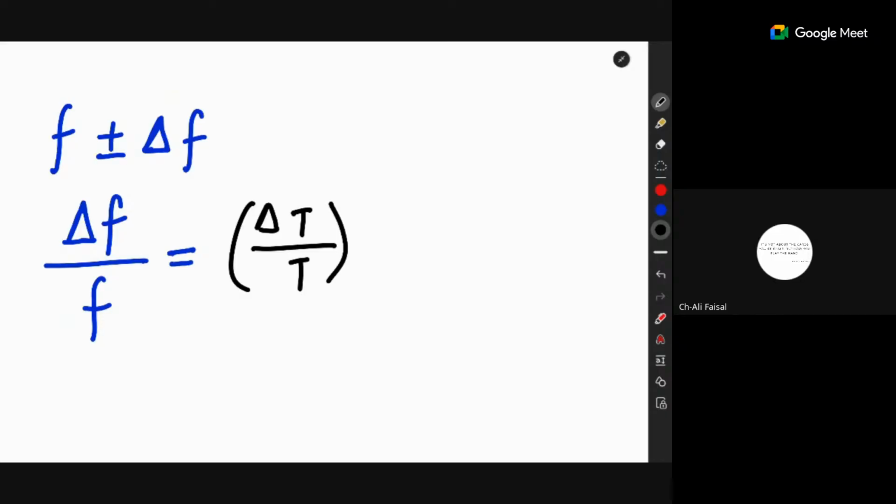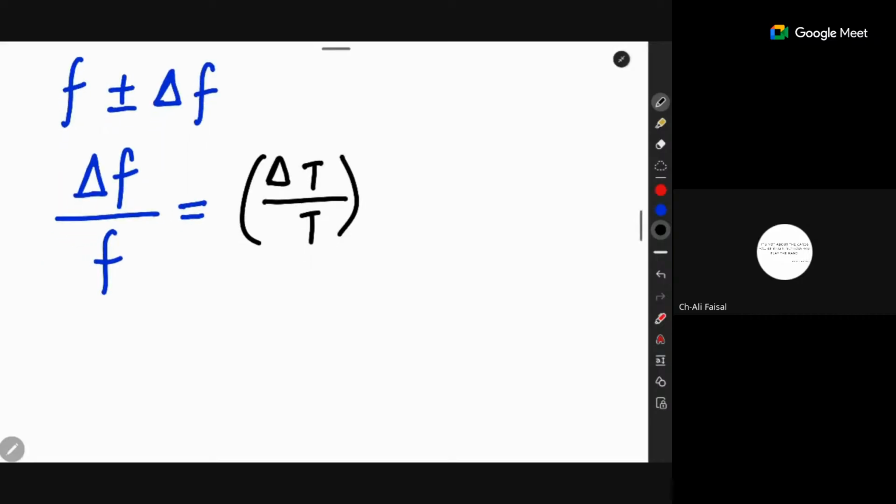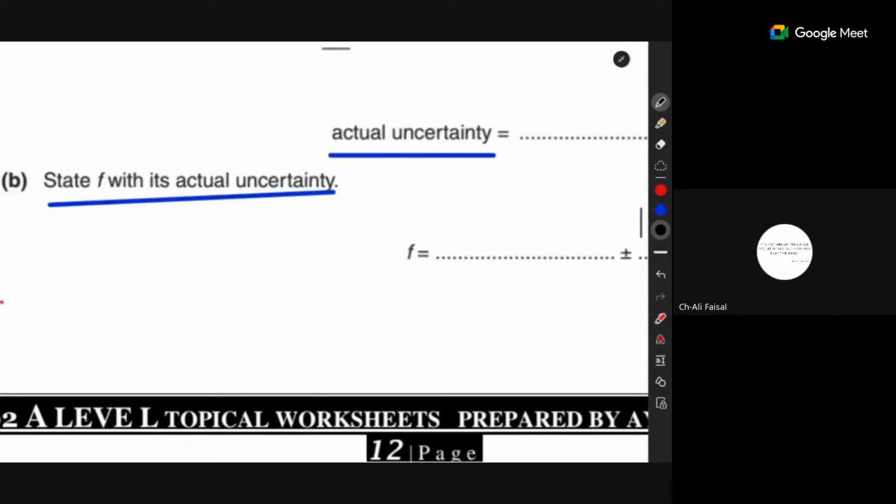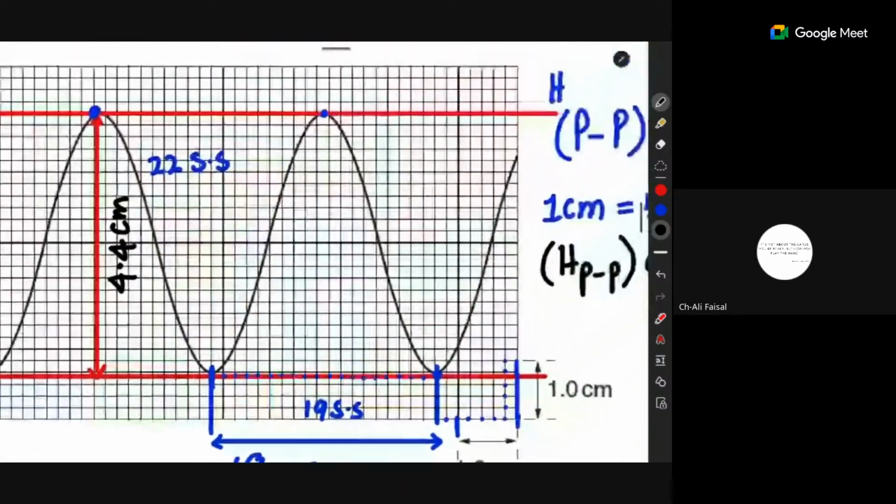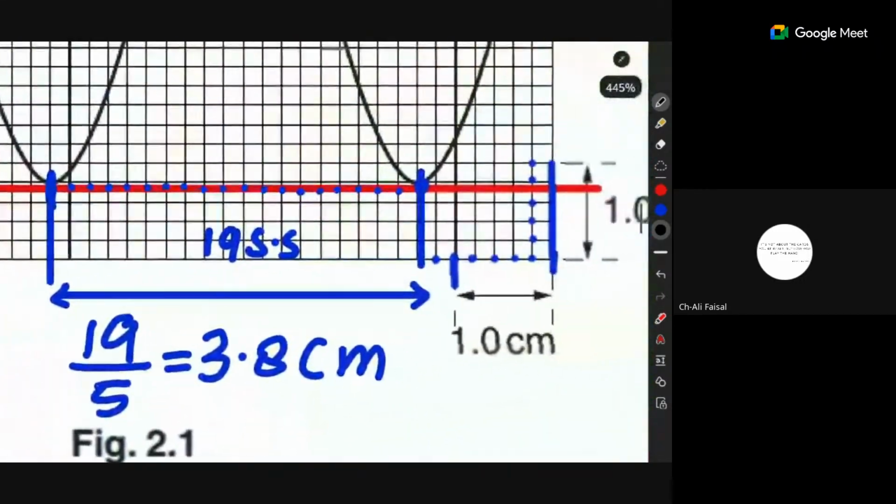So the absolute uncertainty in the time period is basically the least value, the smallest division on this scale. What is the smallest division on this scale?